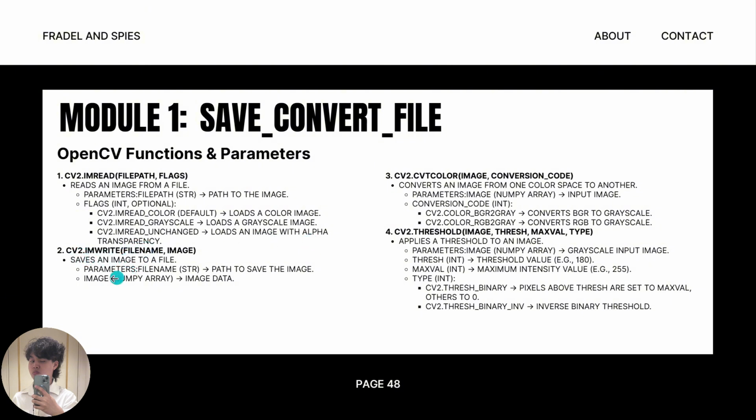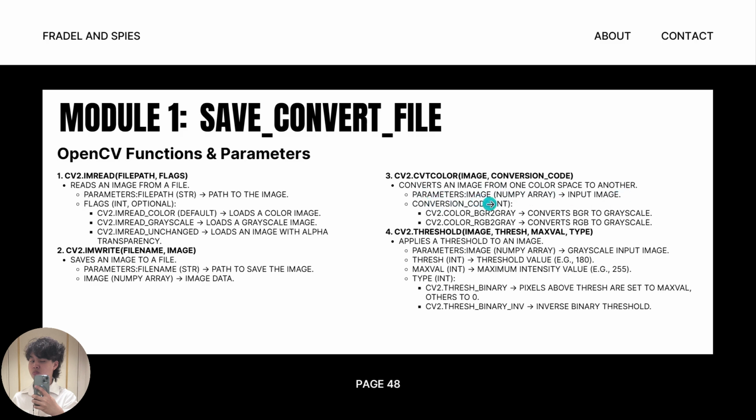cv2.imwrite saves an image to a file. The parameters are a file name, the path to save the image, and the image in numpy array, which is the image data. cv2.cvtColor converts an image from one color space to another.